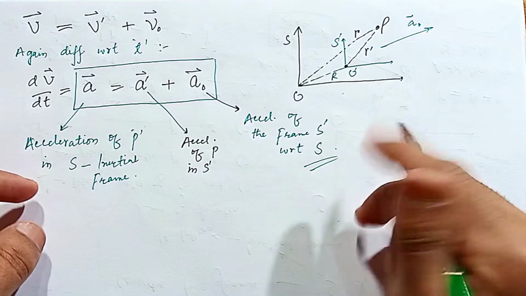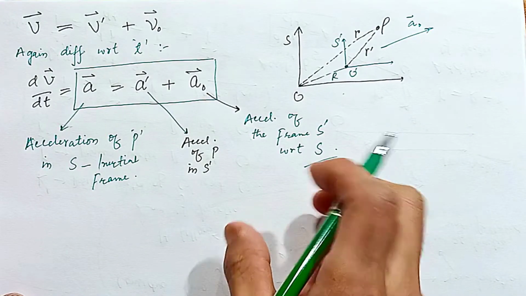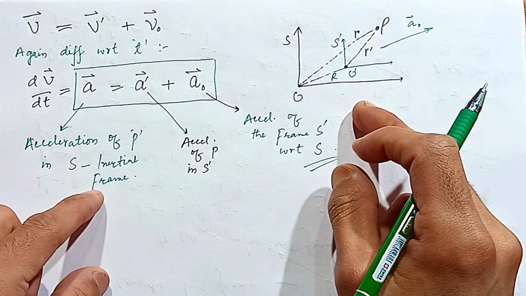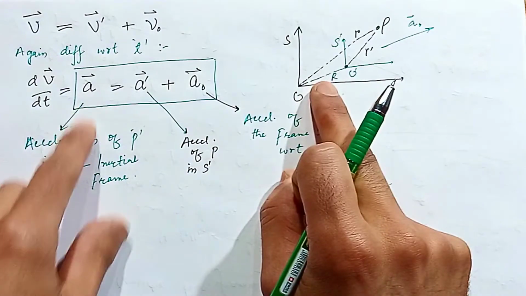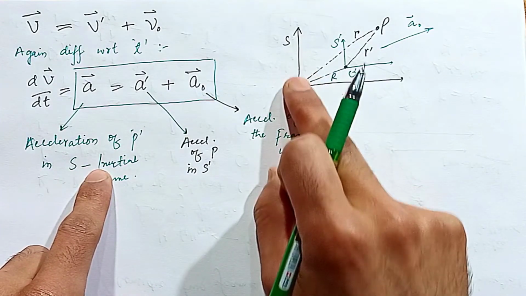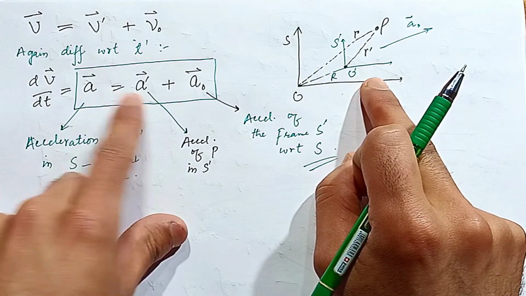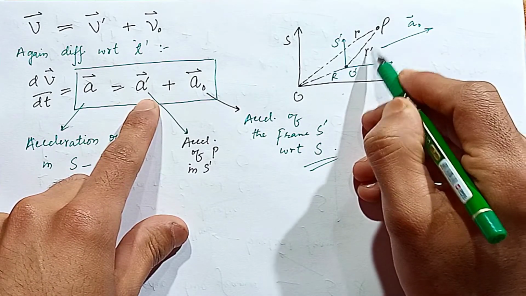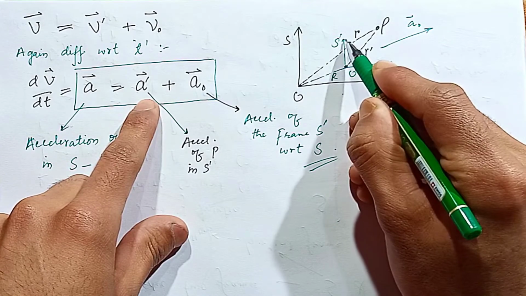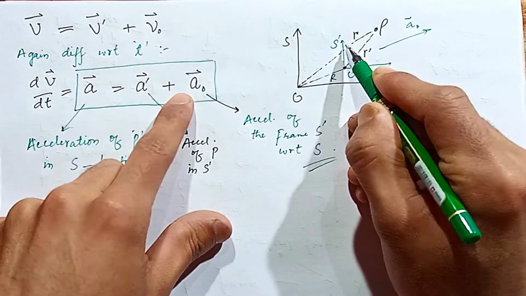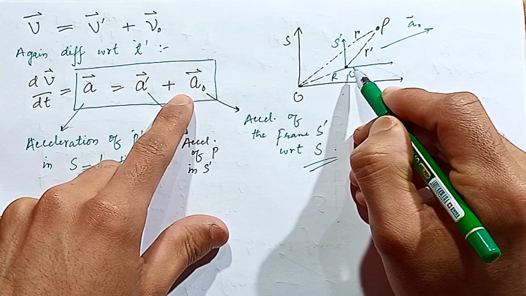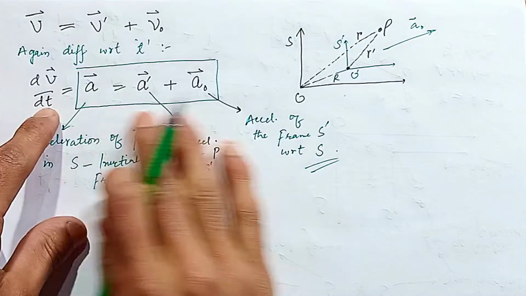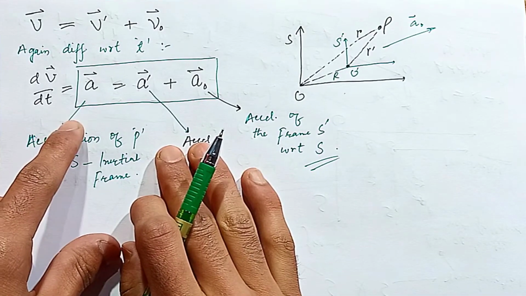So for any two frames of reference, an inertial frame and a non-inertial frame, we get the acceleration of a point particle in the inertial frame of reference equal to the actual acceleration of the body inside the non-inertial frame of reference, plus the acceleration with which the frame of reference itself is moving. This gives the acceleration of that point particle.